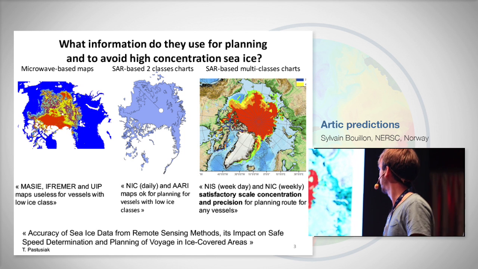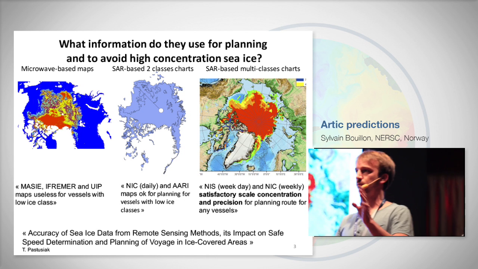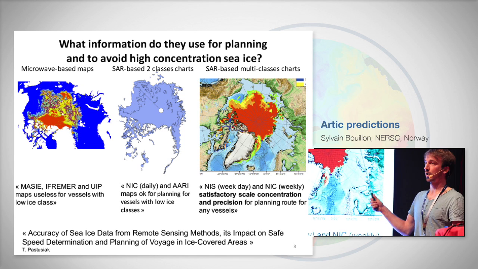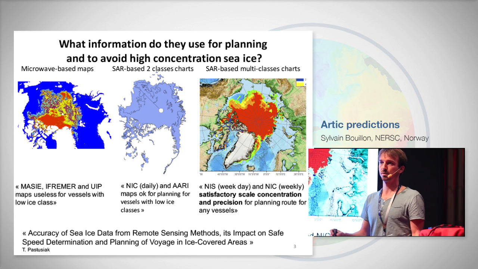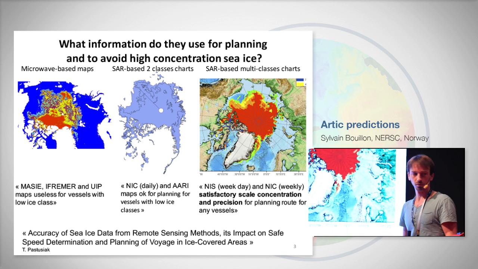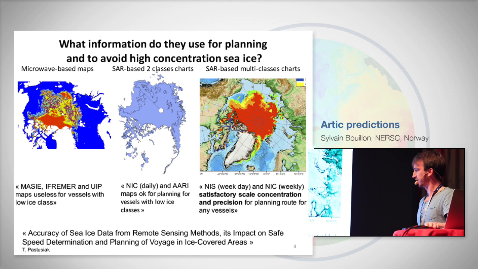For example, from NIC, you get a category from 0 to 20%, 20% to 40%, and so on. That's very useful, even for icebreakers, because they know how to avoid the highest concentration. That's very useful to reduce the cost and to do planning.